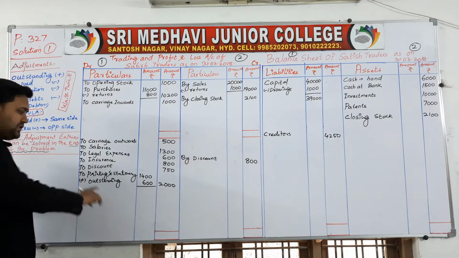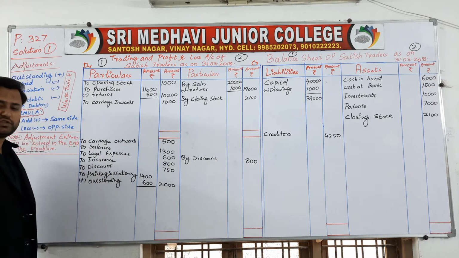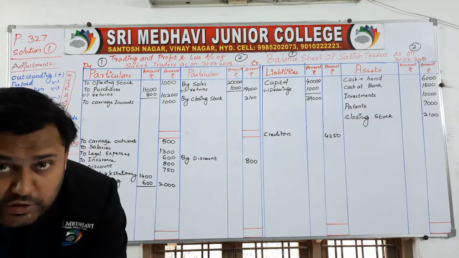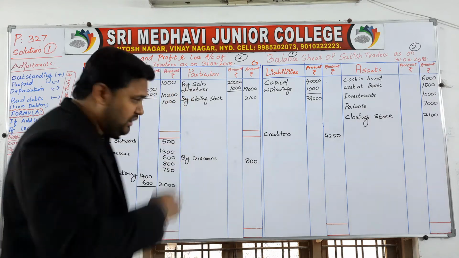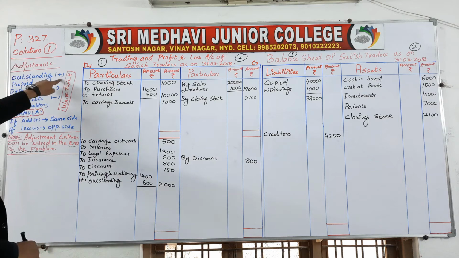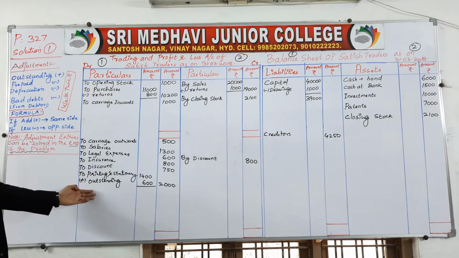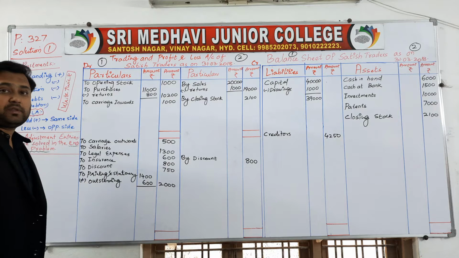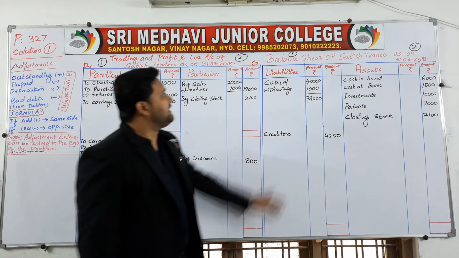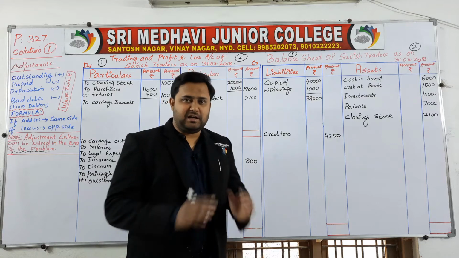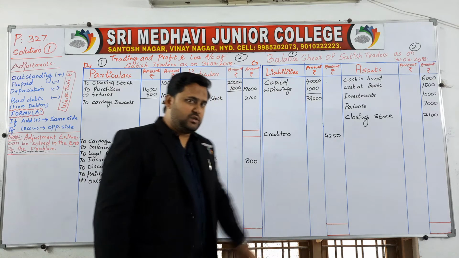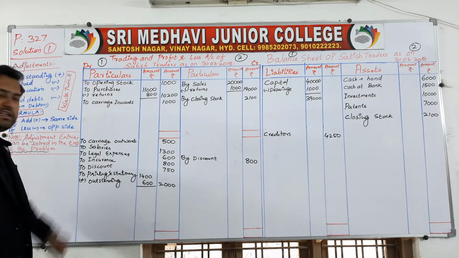That adjustment entry you have written only once. You have to write twice. Adjustment entry appears 2 times. If you add the adjustment entry, write on the same side. So where is the same side? Side 1. And where is side 1 here? Here is side 1. Just now you have added outstanding stationery.